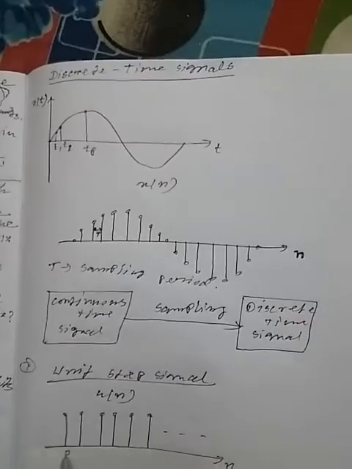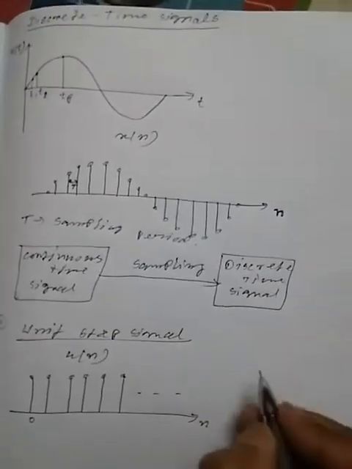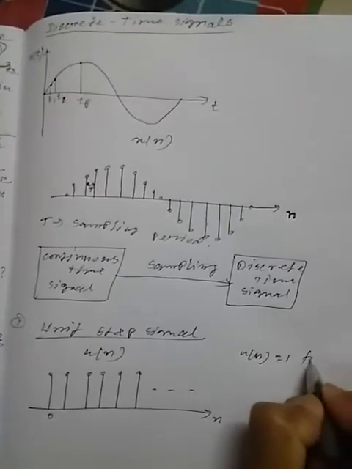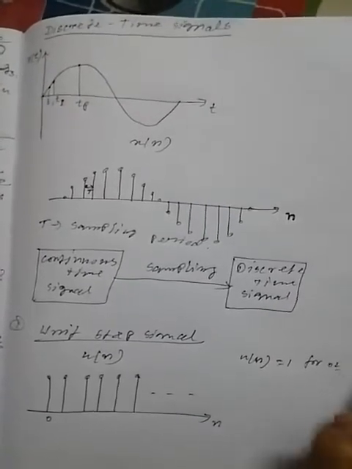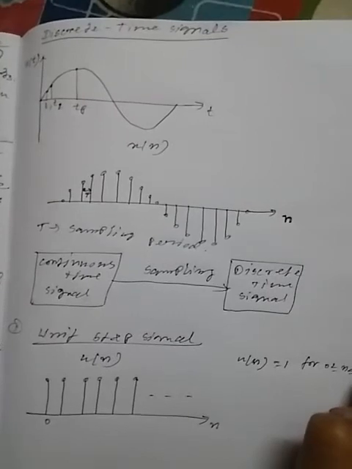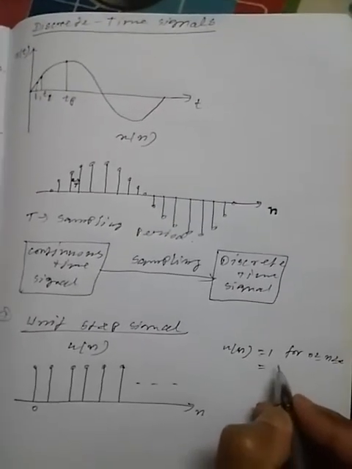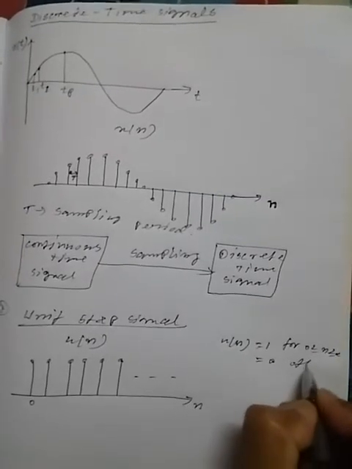Unit step signal is defined by u of n equal to 1 for 0 less than or equal to n less than or equal to infinity, equal to 0 otherwise.